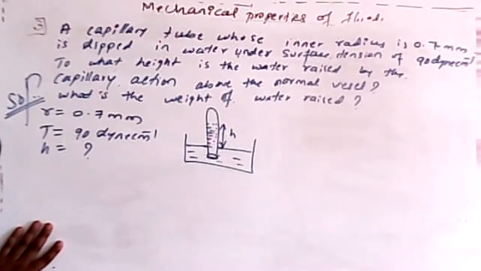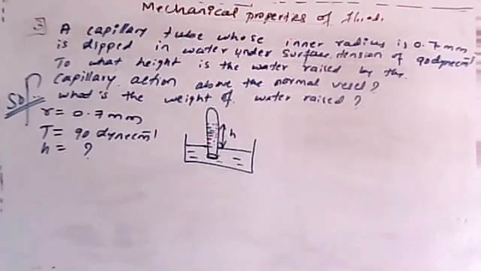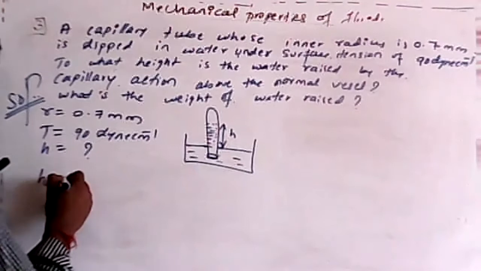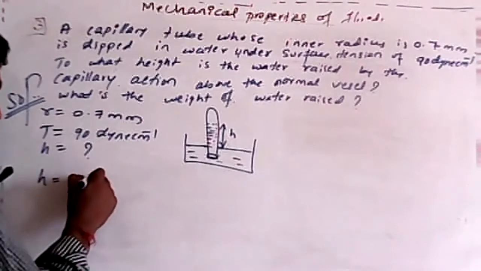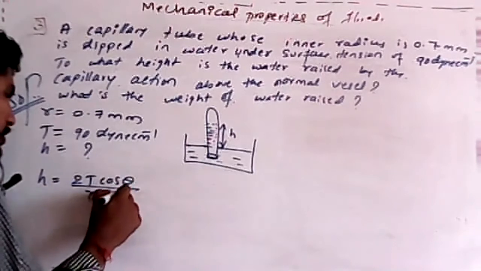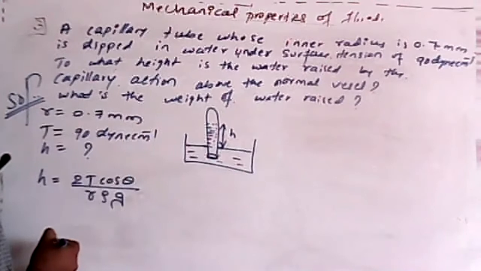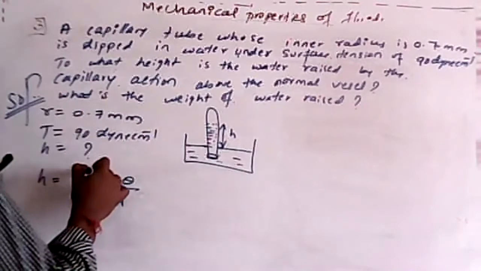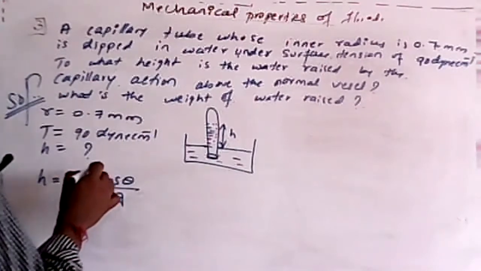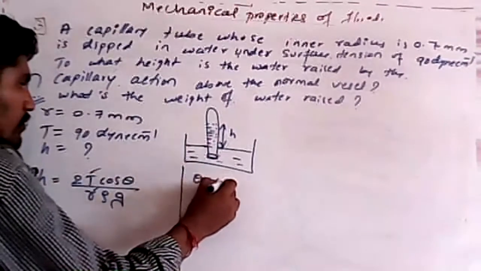You just tell me, students, now. Dyne per centimeter means, so what is our actual formula? The actual formula is 2T cos theta divided by r rho into g. But remember, students, r is given, T is given, theta we don't know, but for water we already know it is 0 degree.